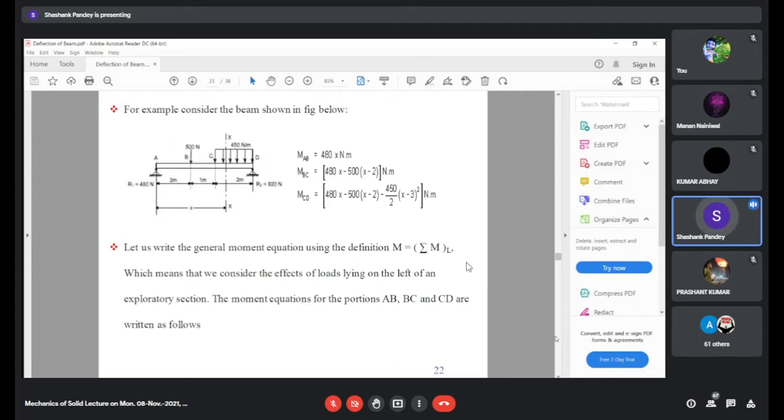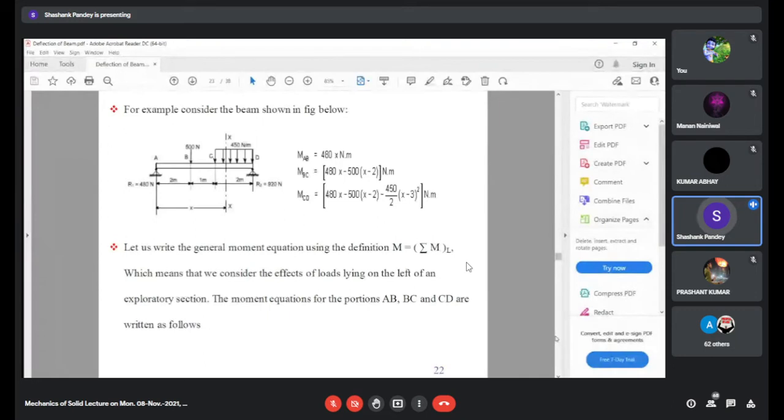Next, if we are interested in writing the moment equation between portion C to D, how do we write it? We assume a distance x from the left end, and we write all those terms, that is 480 into x. Then the next load is 500 into (x minus 2).